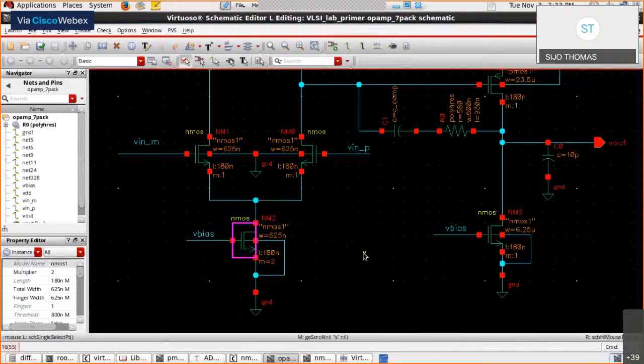For the input MOSFET, M1 and M2, your ID value was 12.5 microamps. So the I tail value we already got is double that, 25 microamps. From that you can calculate the W for the tail transistor also. That turns out to be double the value of your input MOSFET.